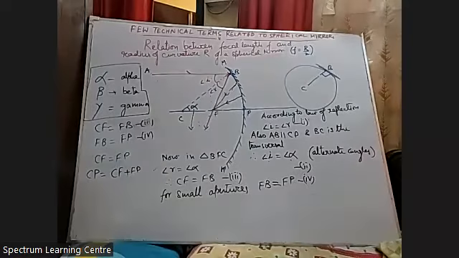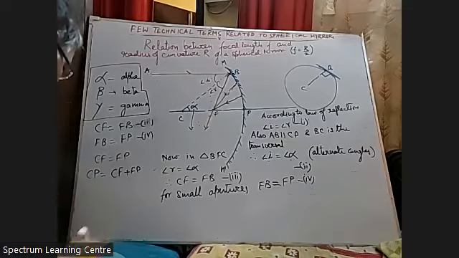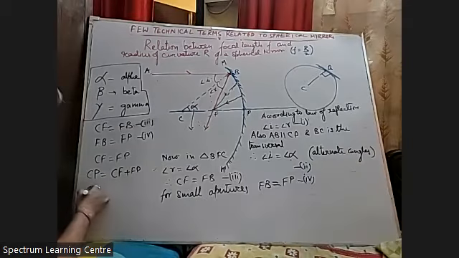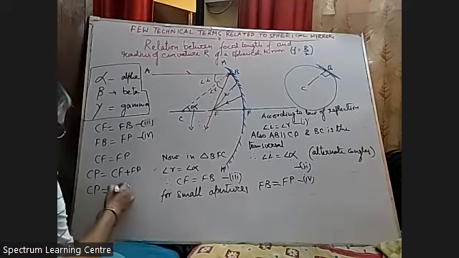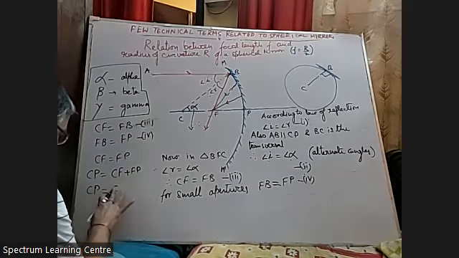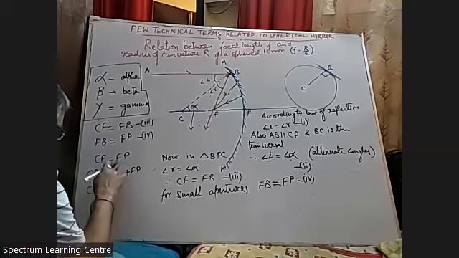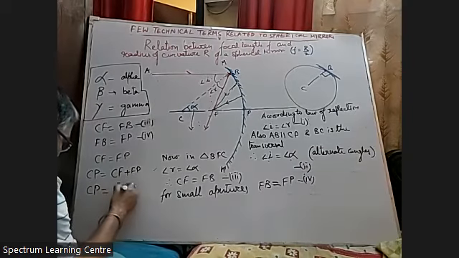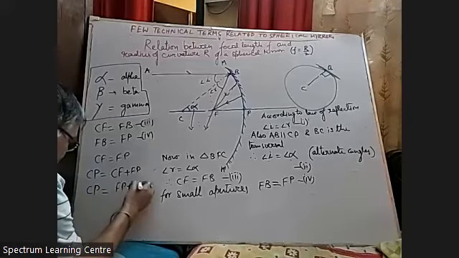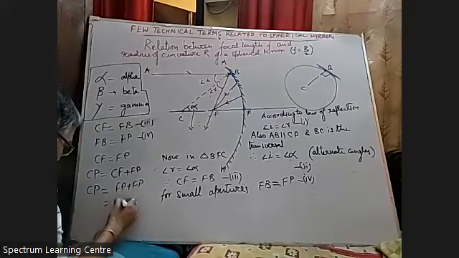So CP is equal to, in place of CF I will write FP, FP plus FP, which is 2FP.